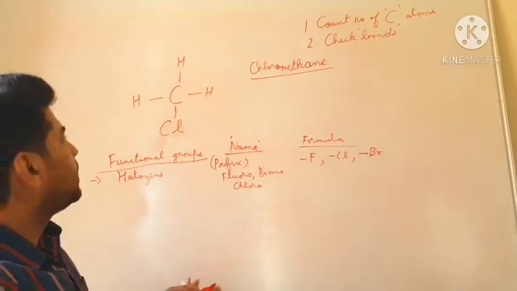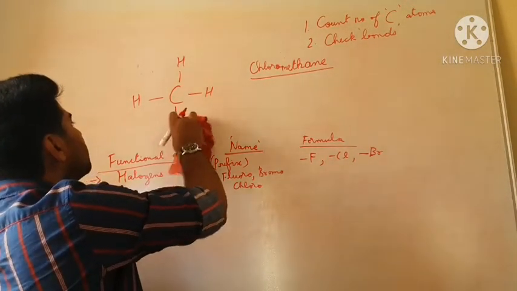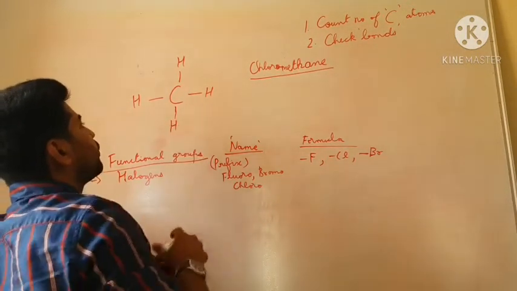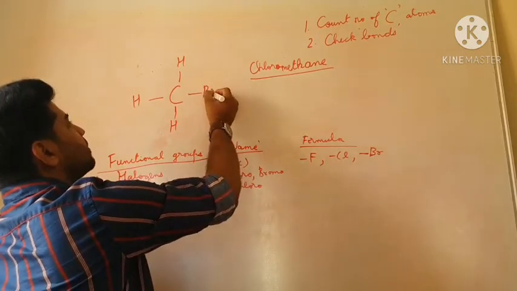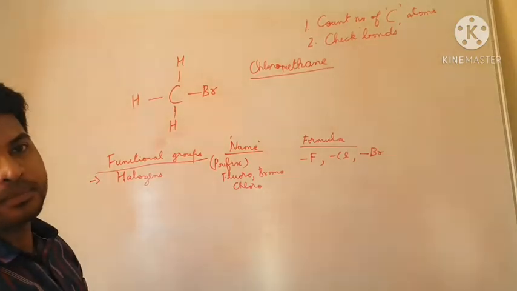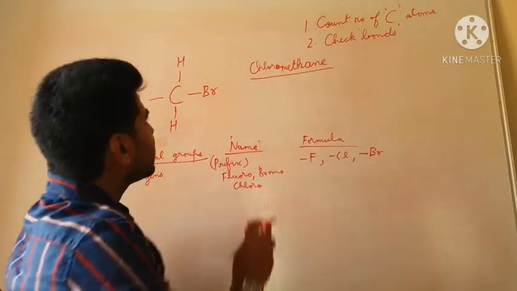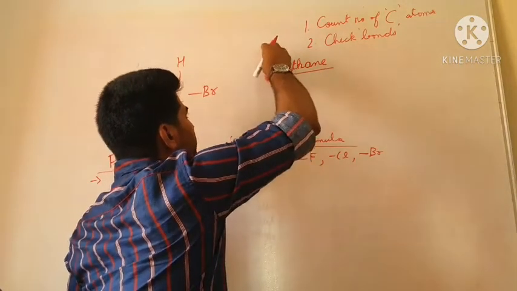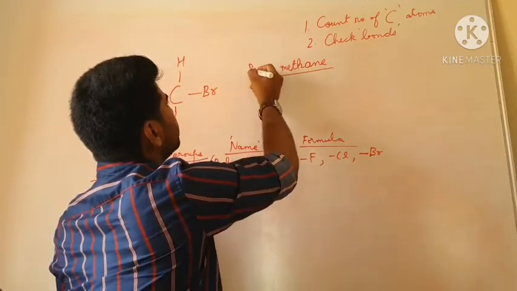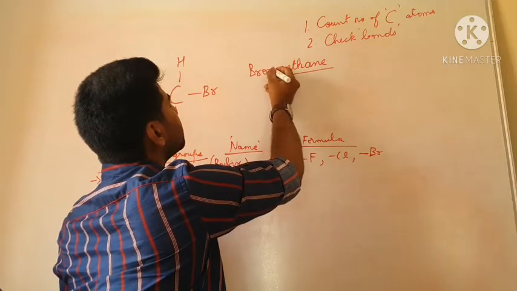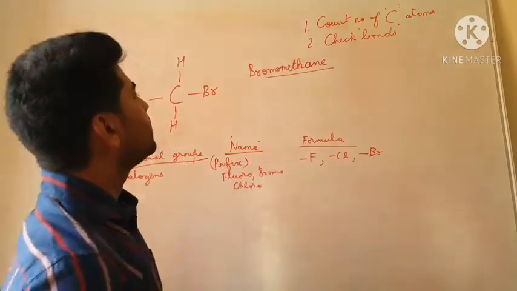So simple. If, let us say, instead of chlorine, bromine is attached, in that case, the name of the compound will be bromo, so bromomethane. That's it.